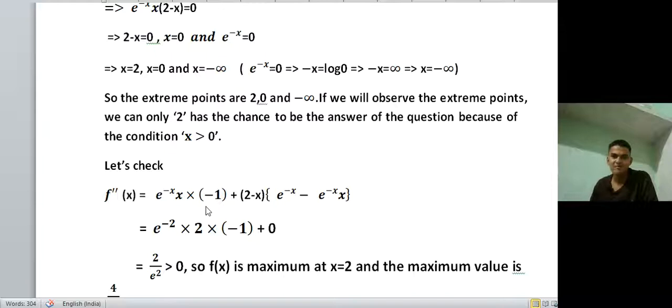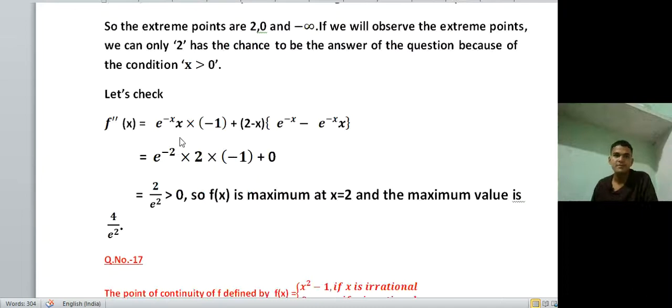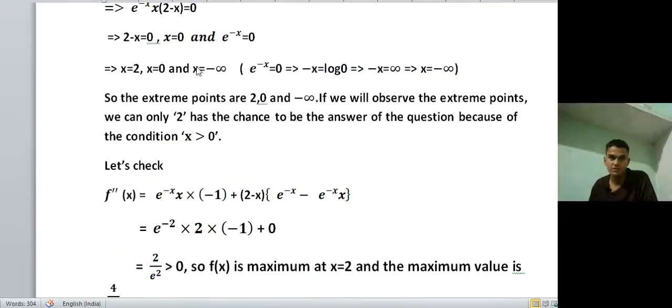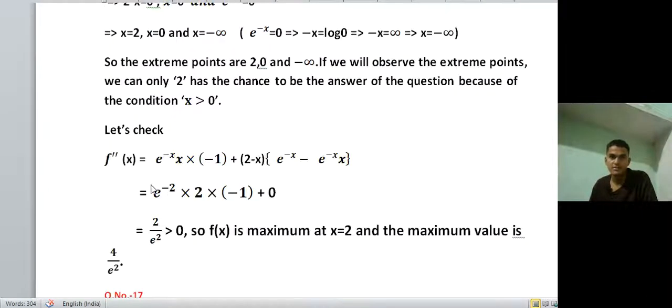So however, we obtained the second order derivative of the function, and here we will substitute 2 in the place of x. So this is, you can see, 2 into e to the power minus 2 into this is minus 1, and you can see 2 minus 2 is equal to 0, so the whole term will become 0.